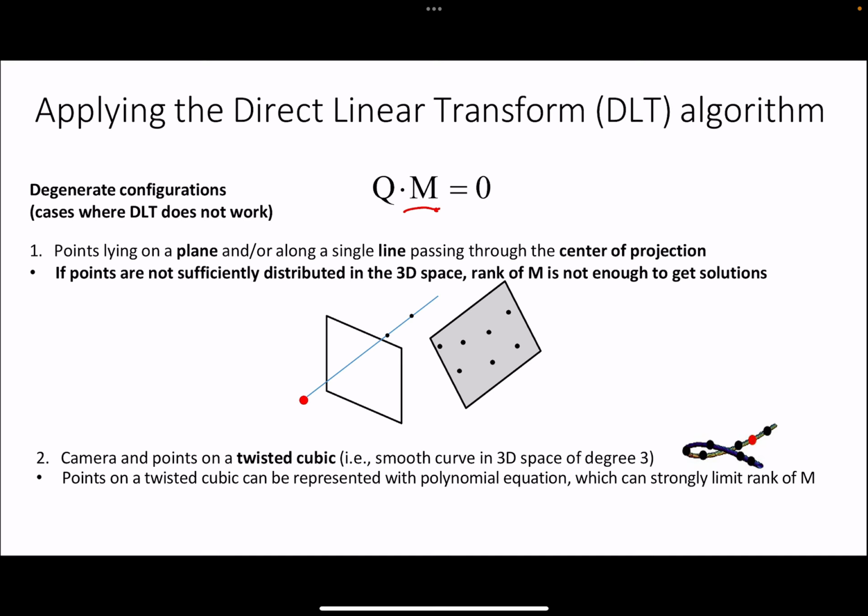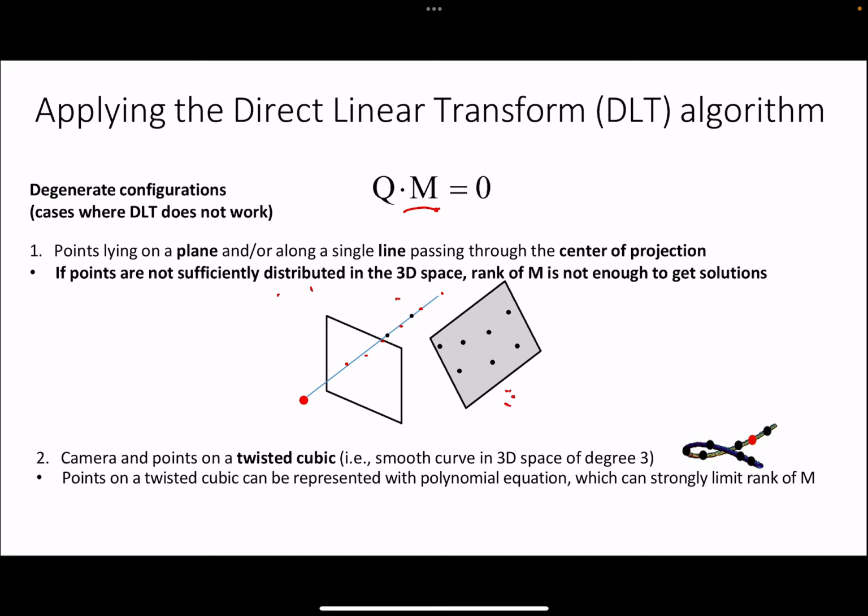If we have 6 points, but all 6 points are on the same ray, then it is not informative. If all points are in the same plane, or points are not sufficiently distributed in 3D space, the rank of M is not enough to get solutions.